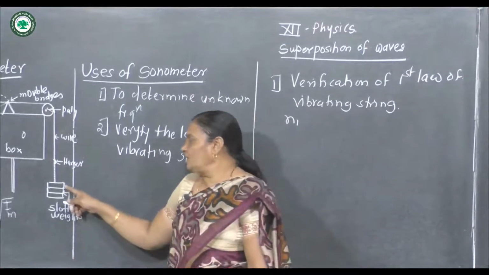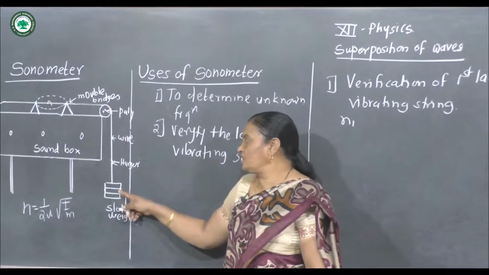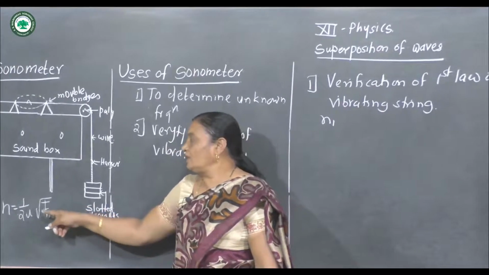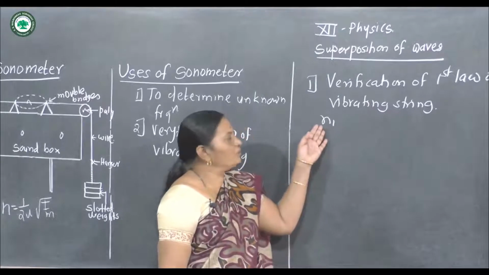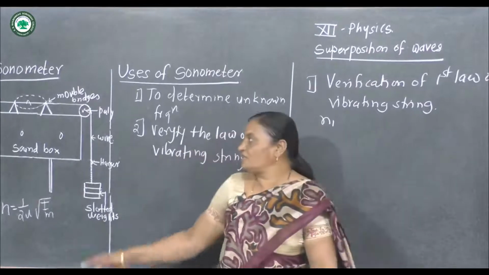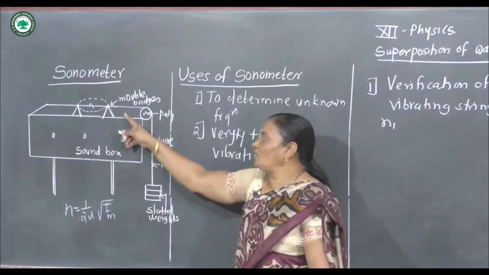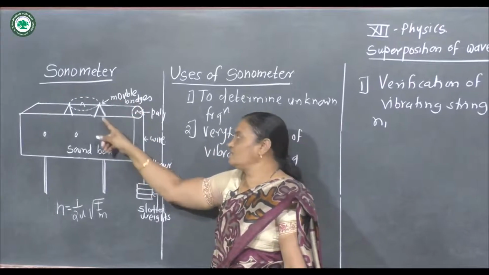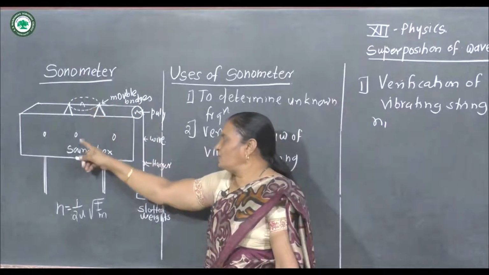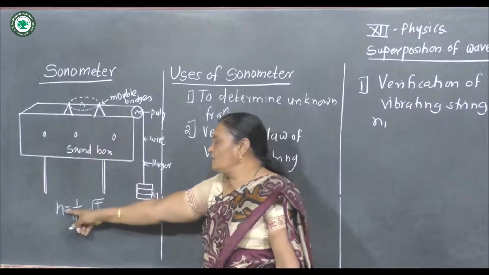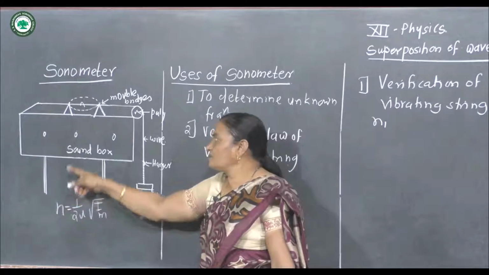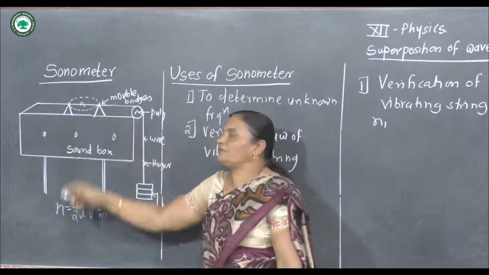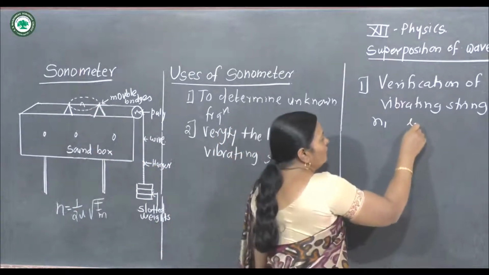The tension applied is kept constant. M, mass per unit length, is constant, tension applied is constant. Then we take the tuning fork of frequency N1, vibrate it by the hammer and keep it on the sound box, and by adjusting the distance between the movable bridges, the vibrating length, when there is resonance, that is natural frequency of vibration is exactly equal to frequency of tuning fork, the paper rider falls and the distance between the two movable bridges is L1.